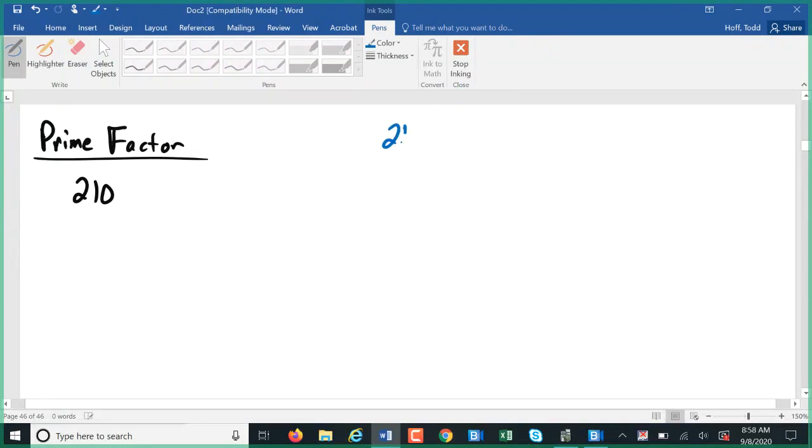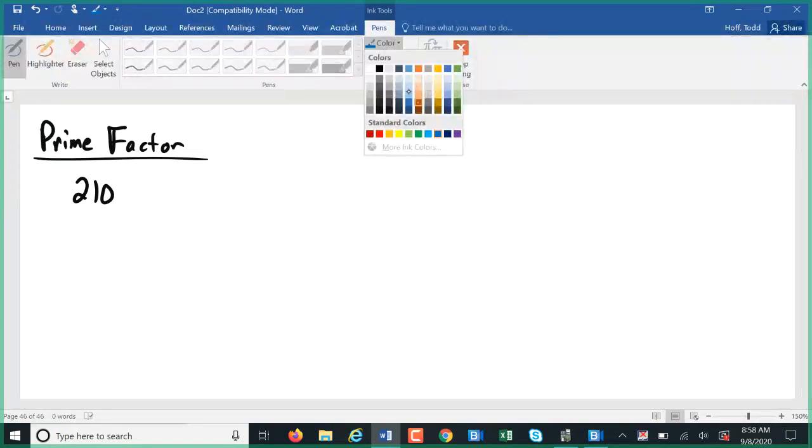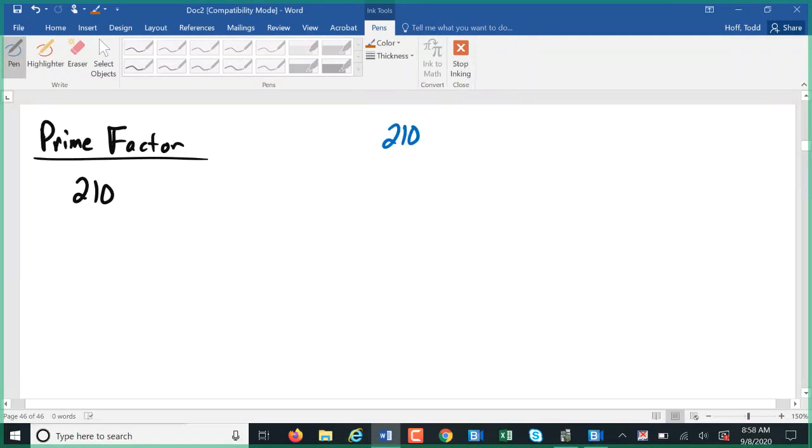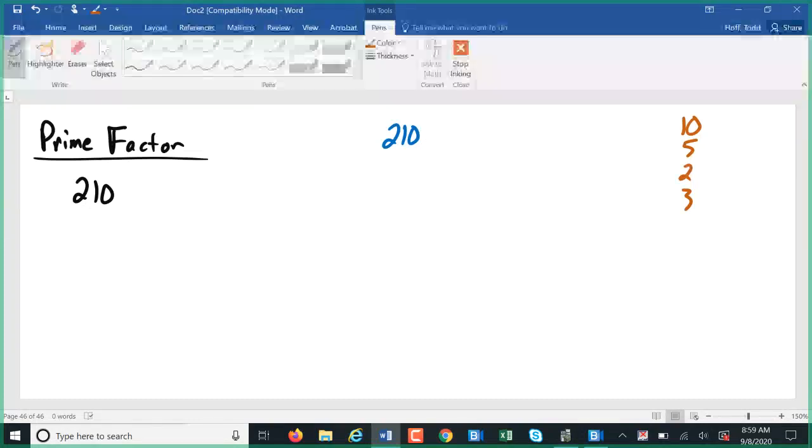So I'm going to do my factor tree. What I usually do when I'm trying to prime factor something is I look for 10 first, then 5, then 2, and then 3. The reason I look for 10s and 5s first is they're real easy to spot. The number ends in a 0 or a 5. 2 is also fairly easy. It's an even number. 3 is a little bit more work, so that's why I hold off on that.